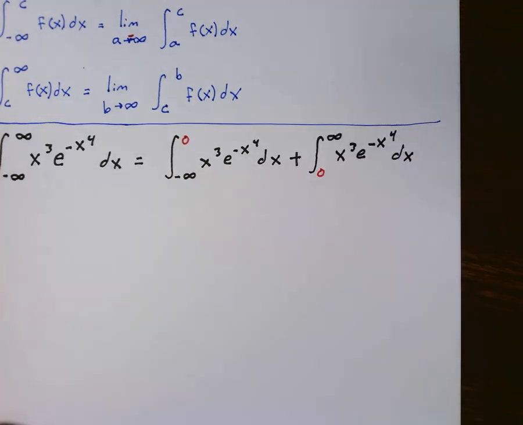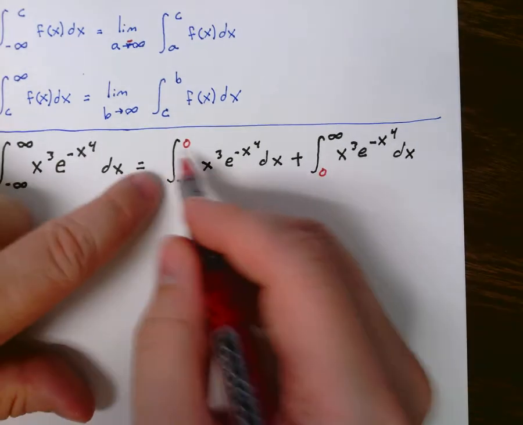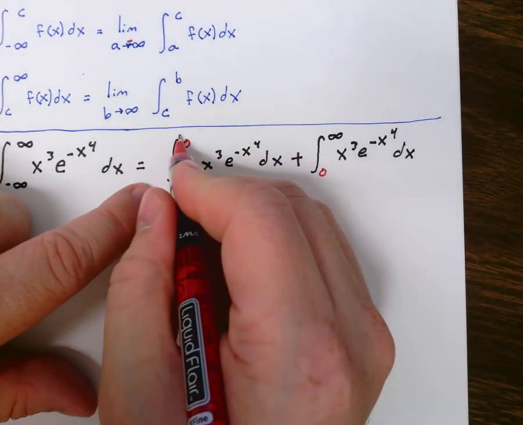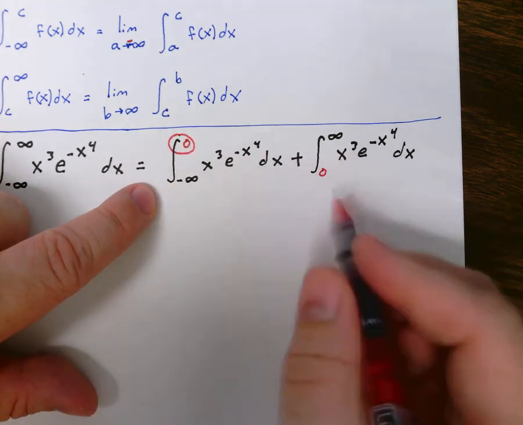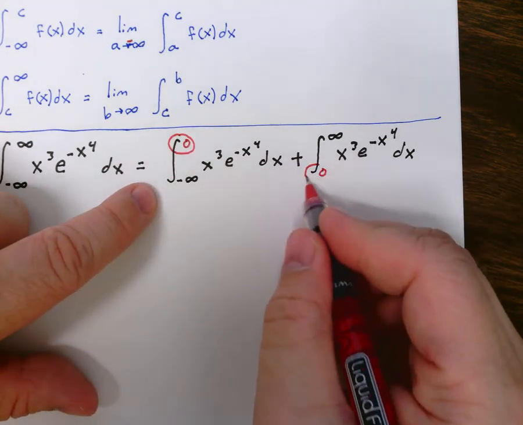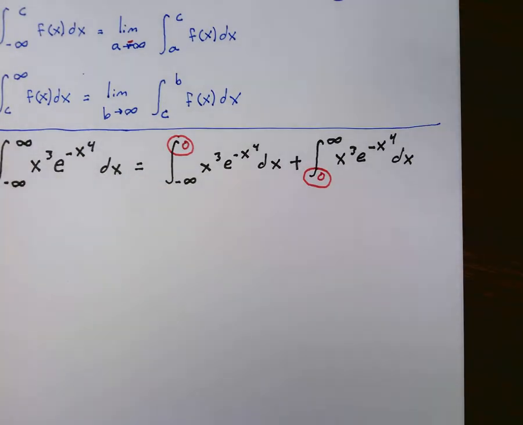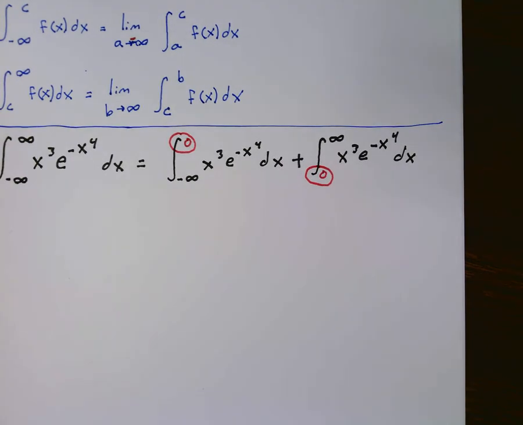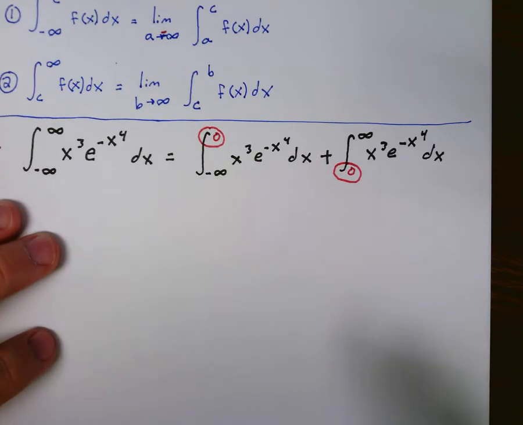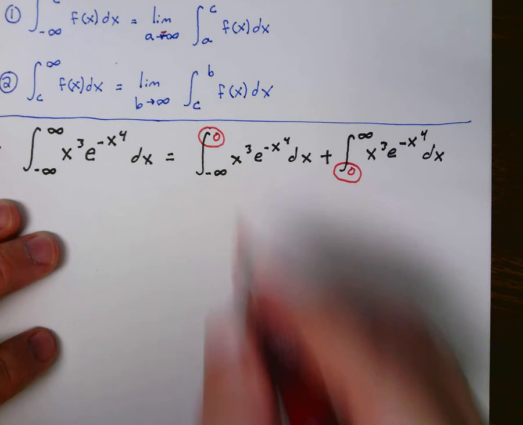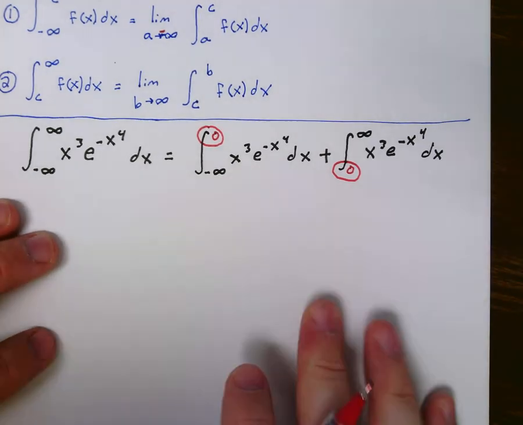Like I said, there was no reason for picking the 0. It was just some finite number I used to split up the integral. Students always email me and ask, my friend picked 1 and I picked 355, is that okay? The answer is yes. You're both going to get the same answer. It doesn't matter how you split them up. I just picked 0 because it's a nice, easy number.